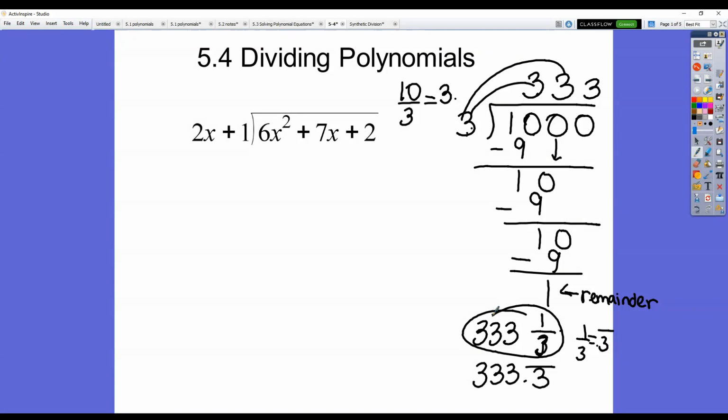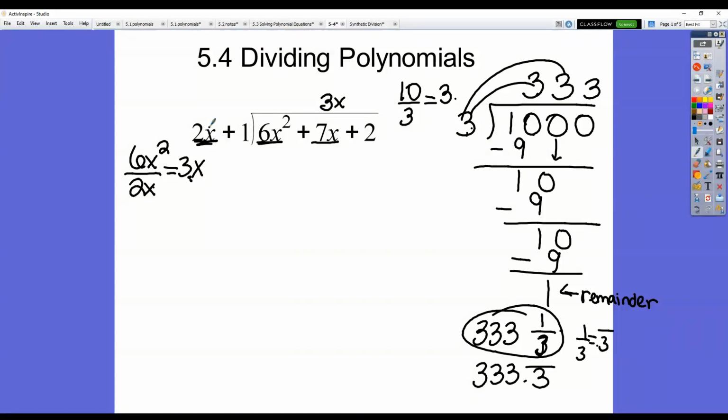So bear with me. First off, how many times does 2x go into 6x squared? You're taking 6x squared divided by 2x. 6 divided by 2 is 3. X squared divided by x is just x. Line it up. This 3x needs to go above the 7x.